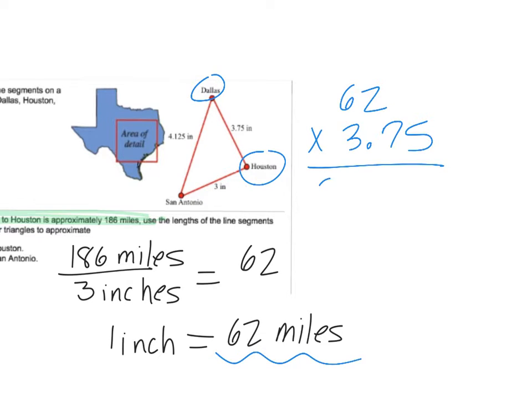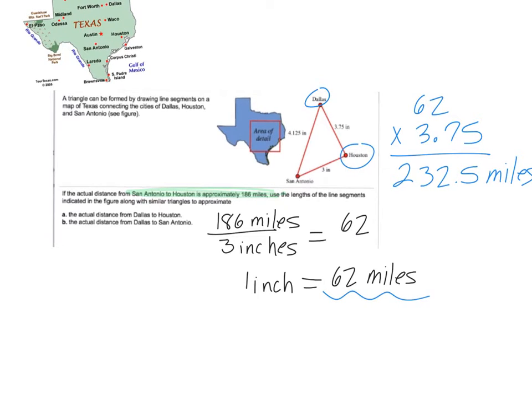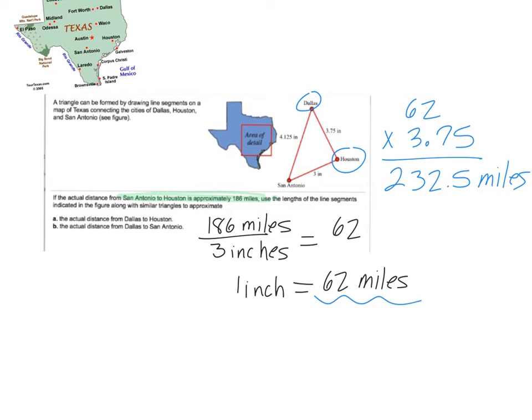And I got 232.5 miles, which is the answer for part A, the actual distance from Dallas to Houston. Then, to find the actual distance from Dallas to San Antonio, I'm going to do the same thing.